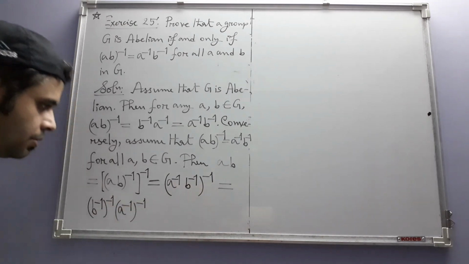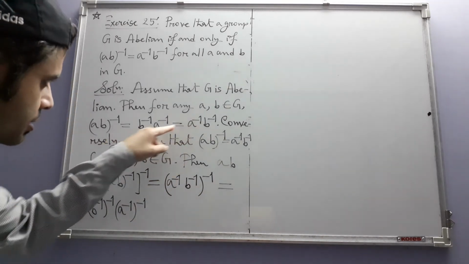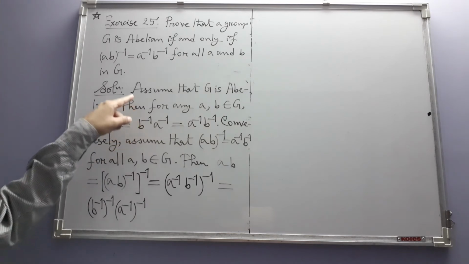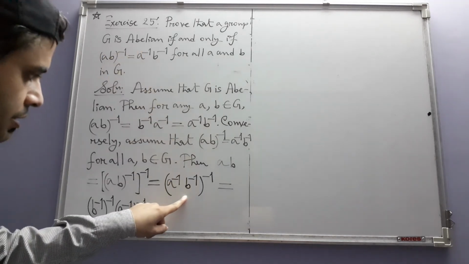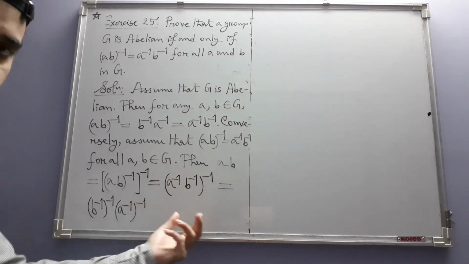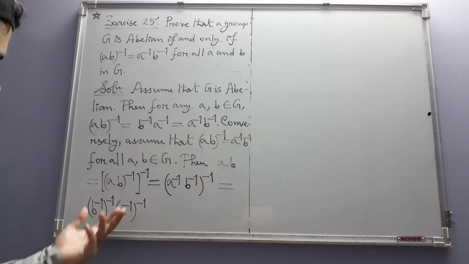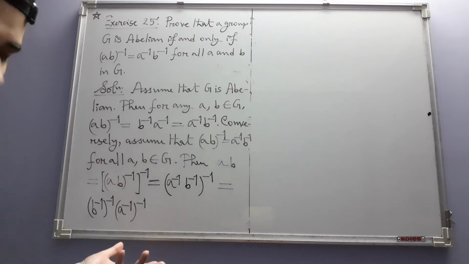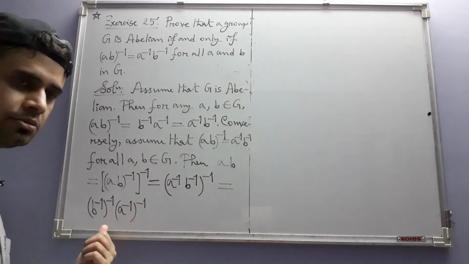In this step, we are not using what is given to us. We are just using the ordinary group property that if we take the inverse of a product, that is equal to the product of the inverses taken in the reverse order. So that's what we have used here.